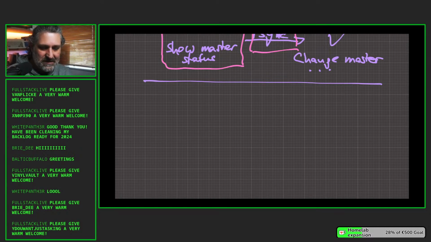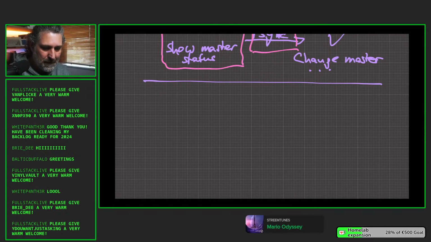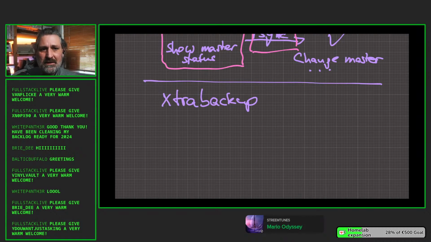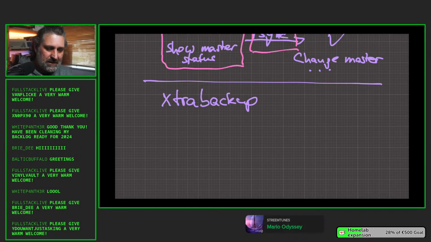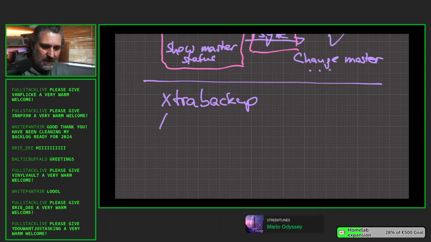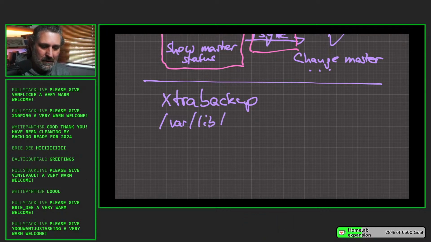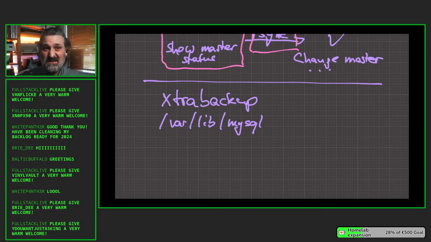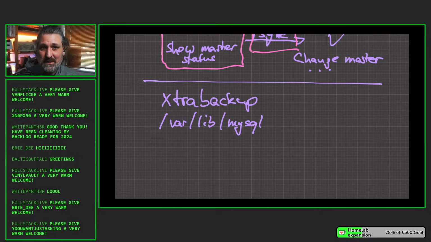So what extra backup does, extra backup, what that does is it copies var lib mysql. But wait, that is the same thing as the rsync that we did above. So how is this better?